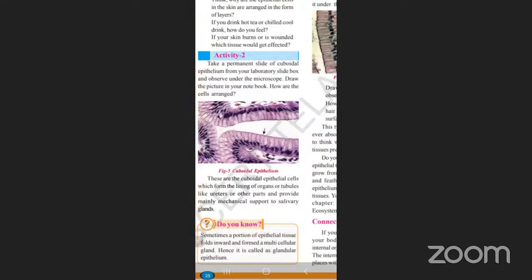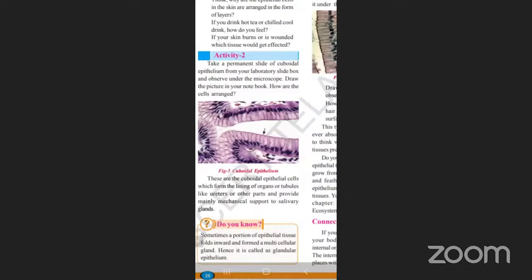Take a permanent slide of cuboidal epithelium from your laboratory slide box and observe under the microscope. Some slides are made permanently by a systematic process, so we get them directly and there is no need to prepare the slide.